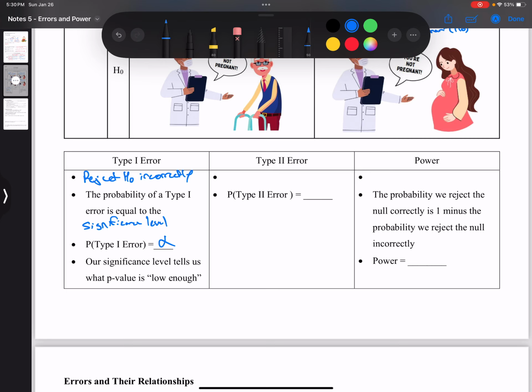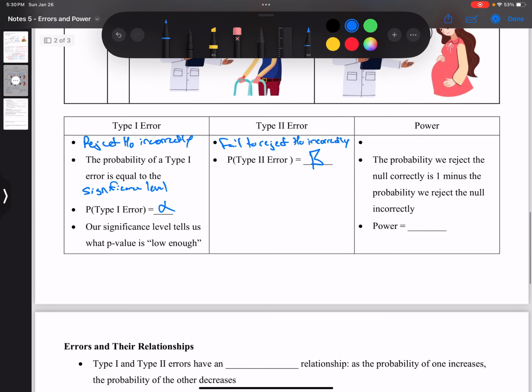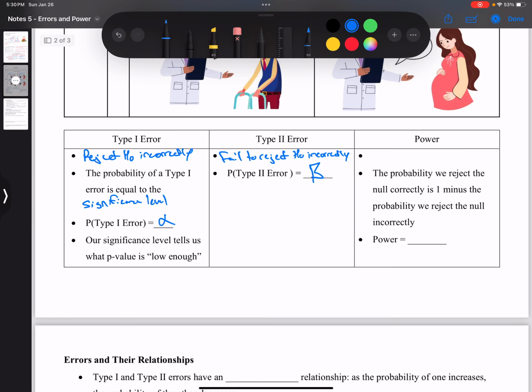Next up is type 2 error, and this is where we fail to reject the null incorrectly. The probability of type 2 error we call beta, and we'll talk about that in a bit. It's a Greek letter, I think it's capital, pretty sure it's capital.